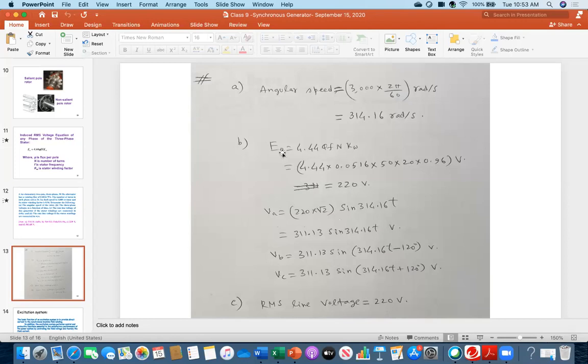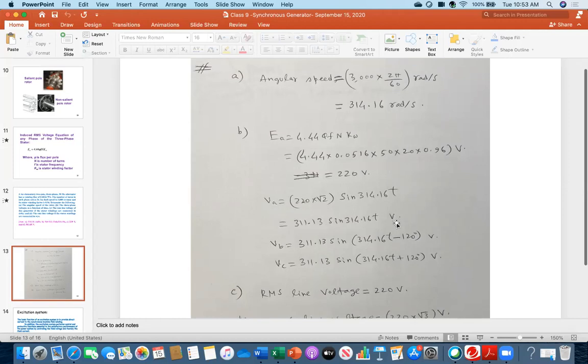This 220 I got for phase A, I am multiplying by root 2 to make it the amplitude or peak value, and then sine of omega t. This is my omega, that angular speed, 314.16. After multiplying by root 2, it is giving 311.13 sine of omega t.